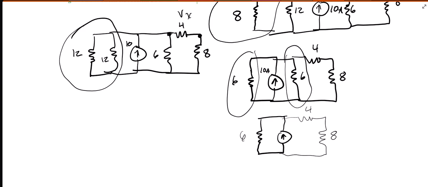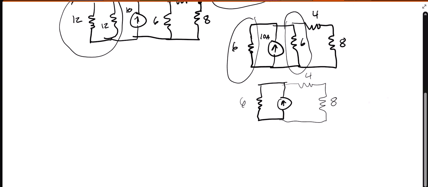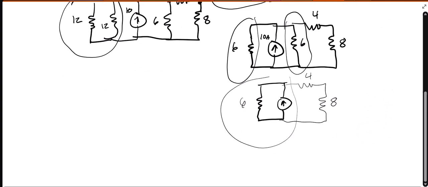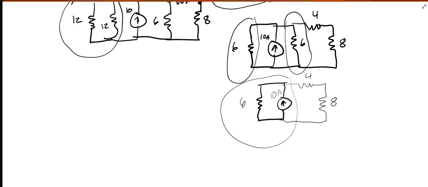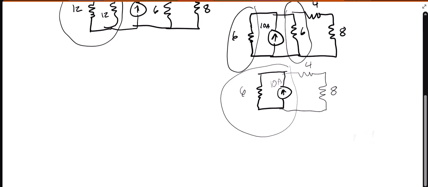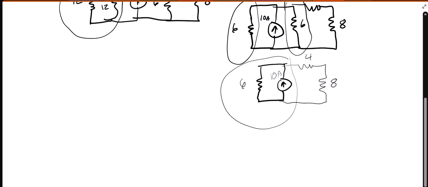Okay, so now my next step is going to be a source transformation, because now I have a resistor and a current source in parallel. And a resistor and a current source in parallel can be transformed to a voltage source and a resistor in series. And usually those are easier for me to deal with.